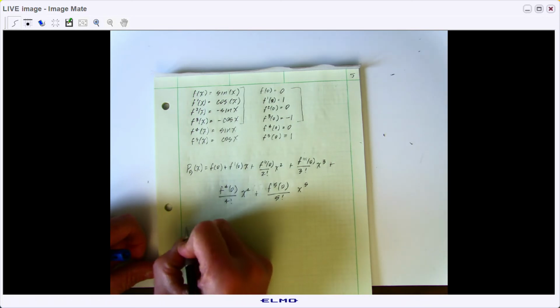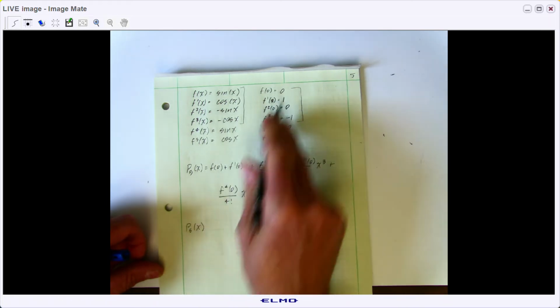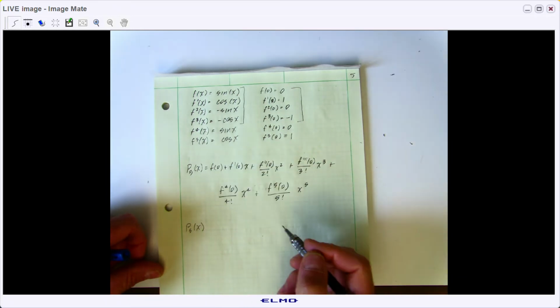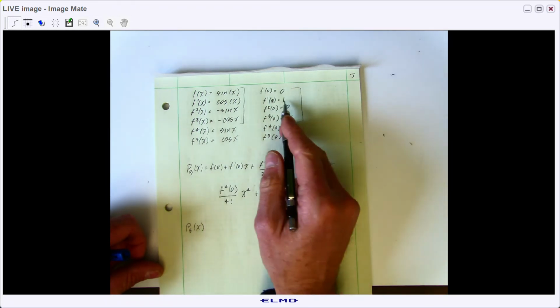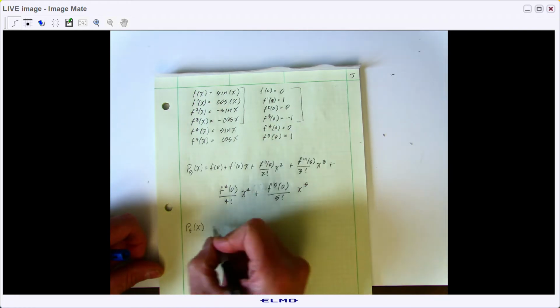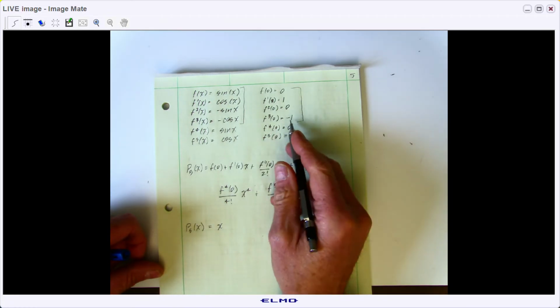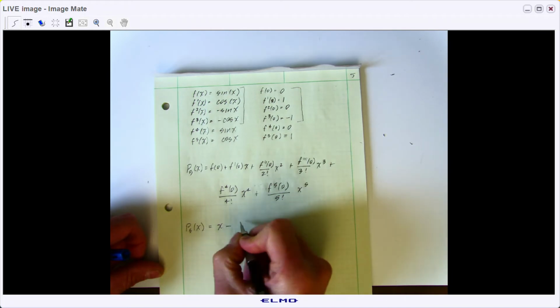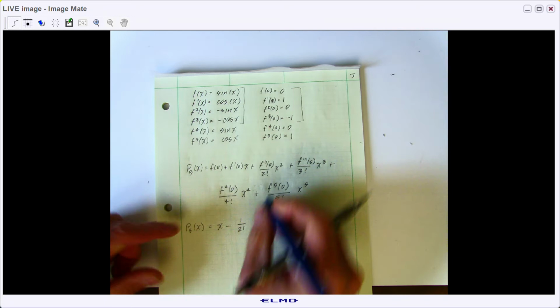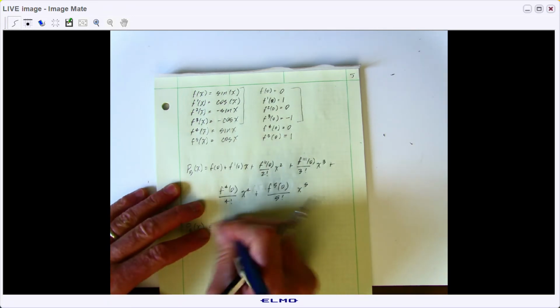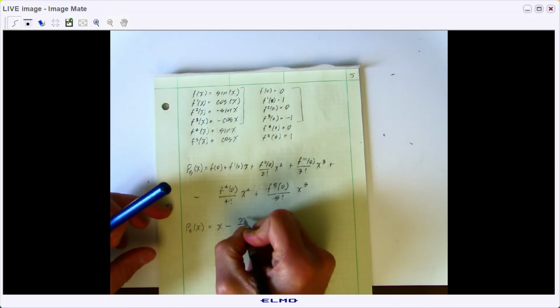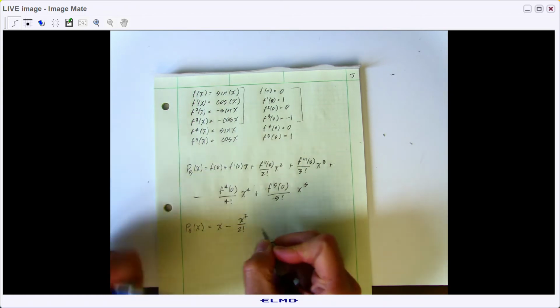So let's do this. f of 0 is 0, so that means this first term is just 0. The second term is 1 times x, so I just get an x there. The third term is negative 1, so it'll be minus 1 over 2 factorial, but we have it times an x squared.